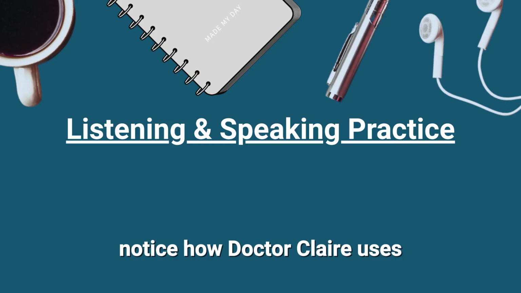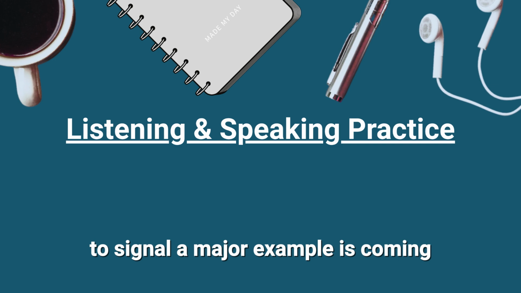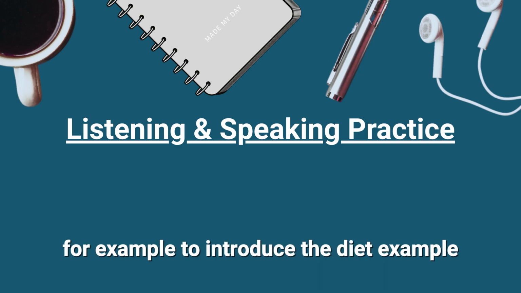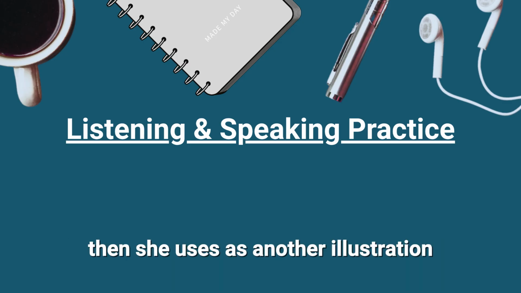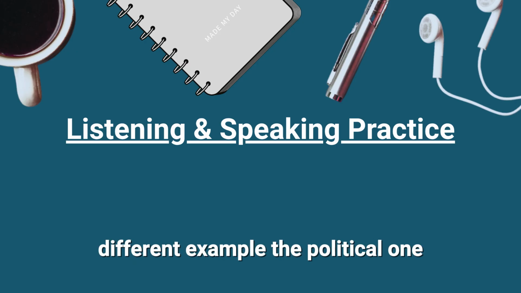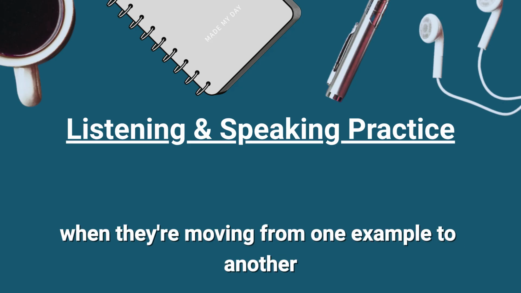Notice how Dr. Claire uses "to illustrate this" at the start to signal a major example is coming. Then she uses "take, for example," to introduce the diet example. Then she uses "as another illustration" to transition to a second, different example, the political one. In formal speech, speakers often signal very clearly when they're moving from one example to another.